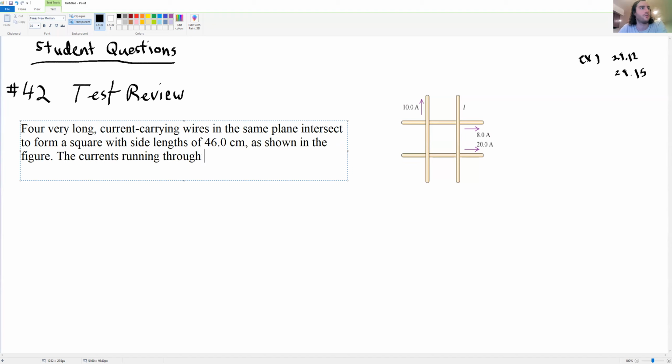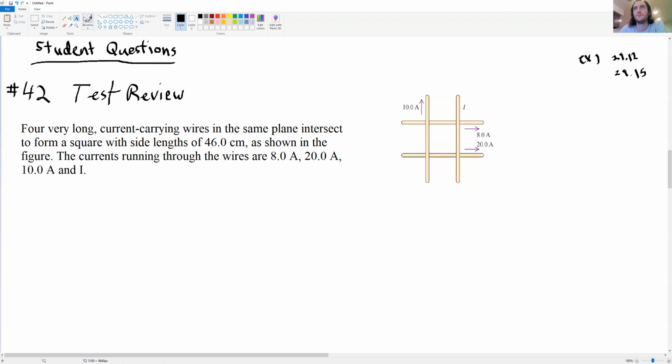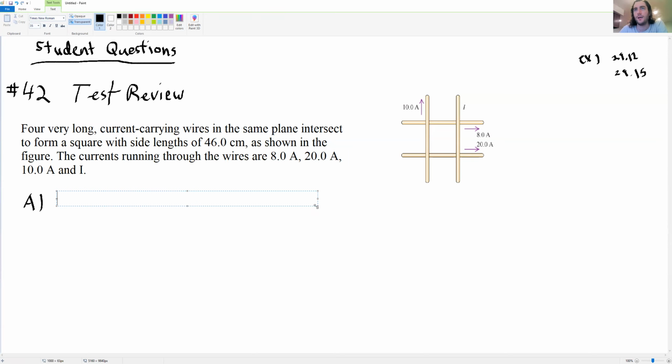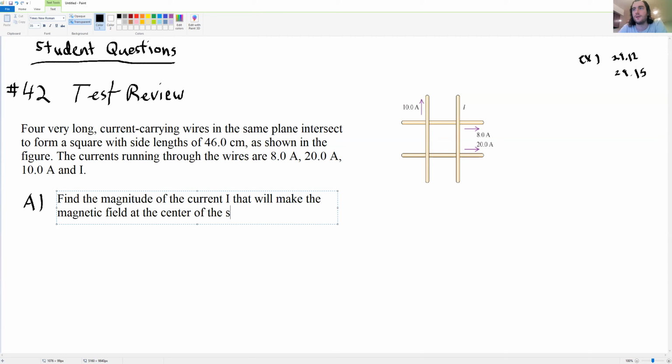The currents running through the wires are 8 amps, 20 amps, 10 amps, and I. Part A of this question is asking us to calculate the magnitude, so find the magnitude of the current I that will make the magnetic field at the center of the square equal to 0.